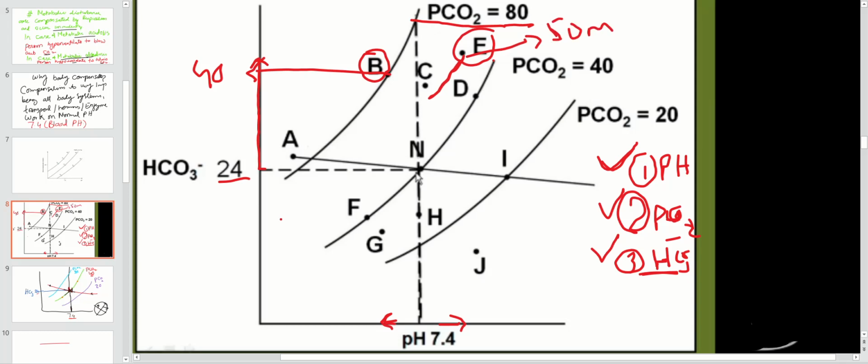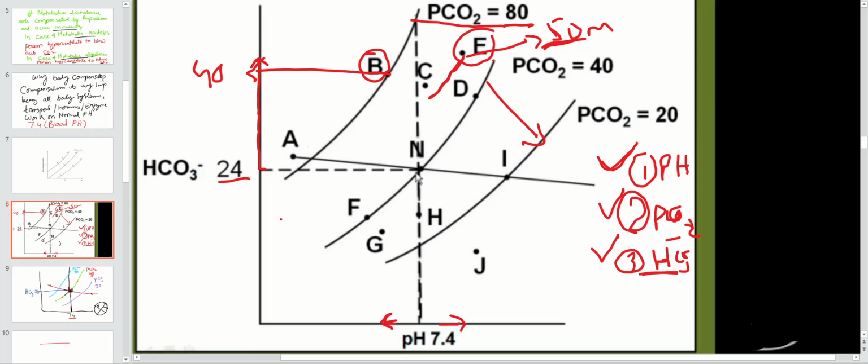Now you tell me, are we dealing with respiratory or metabolic alkalosis? Metabolic alkalosis. Why is it not respiratory alkalosis? Because for respiratory alkalosis, the pressure of carbon dioxide should decrease from 40 to below, but over here the pressure is 50 mm Hg. So this is not respiratory alkalosis, because the pressure of carbon dioxide is not below 40, it is above 40.